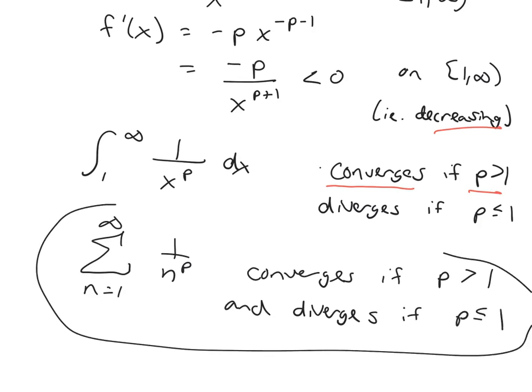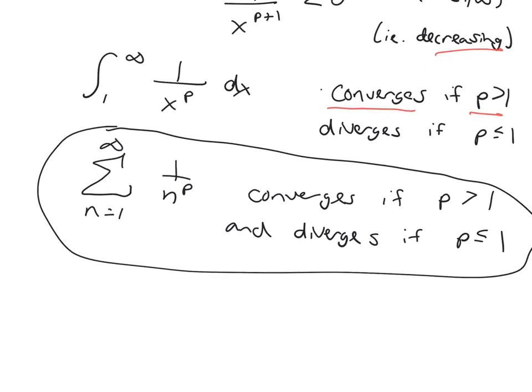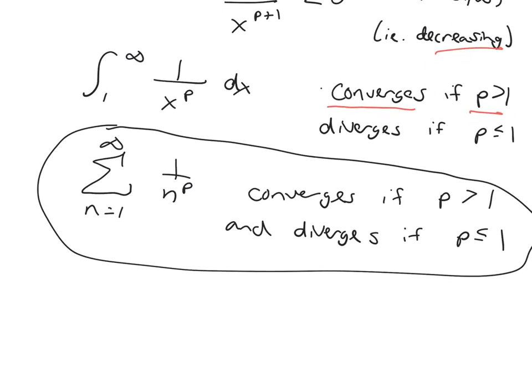Okay? So this series right here, it's given a special name, 1 over n to the p. It's called a p series. And now we know whenever a p series converges, it depends on the power of p.